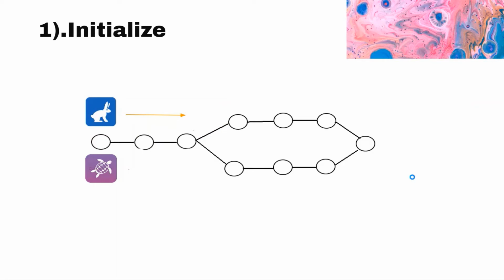The fast pointer is represented as a hare, and the slow pointer is represented as a tortoise. See how we have initialized the hare pointer and the tortoise pointer as the head of the linked list, which contains a loop here, and the size of the linked list is 10 nodes.